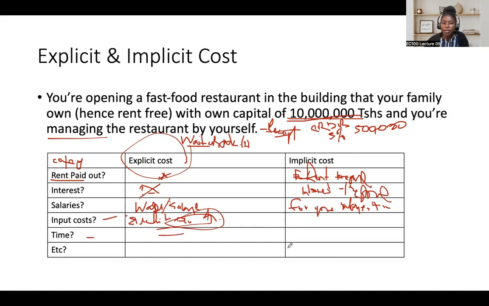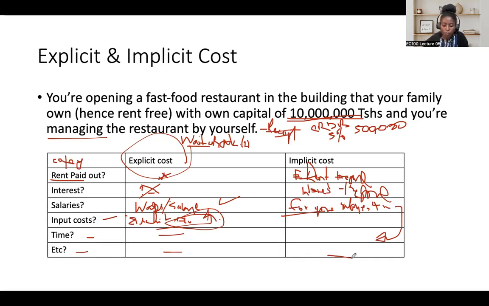You may not incur it here, but time, as I said, as a manager, can come here, the time that you pay yourself. So salaries are the ones you pay directly, and then time is the factor where you pay for your time, okay? And any other thing that you can think of, you see if there is anything that is a component of doing business, that is a cost.